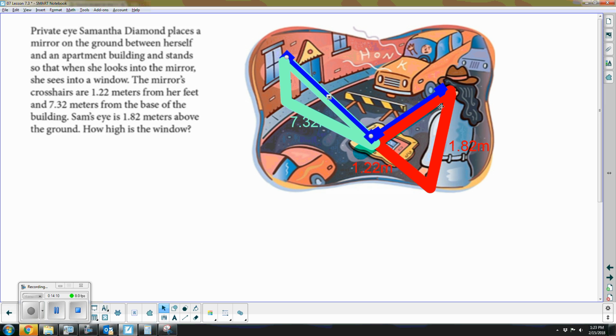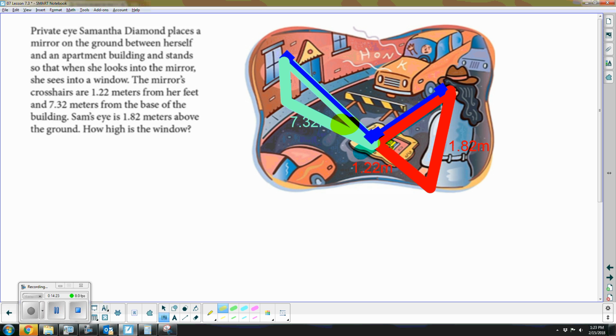But given the fact that she's looking into a mirror and it's bouncing off, we know that this angle and this angle are congruent, and we also know that these two angles are both 90 degrees.